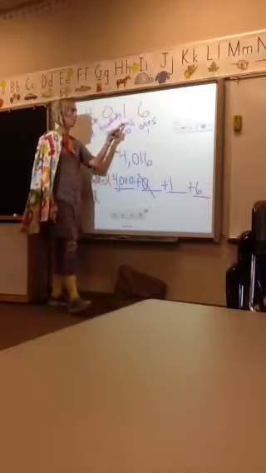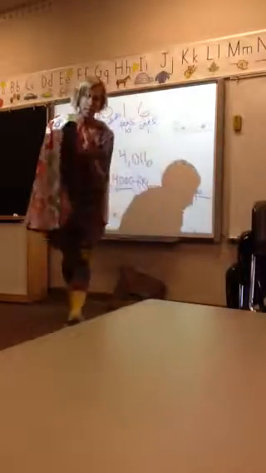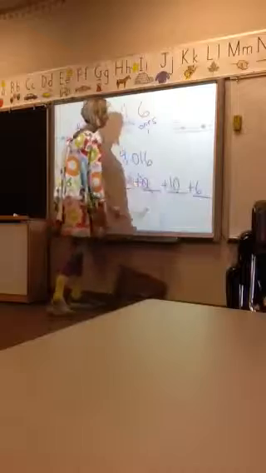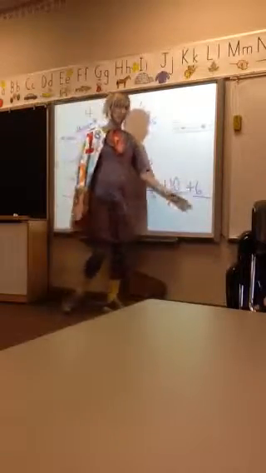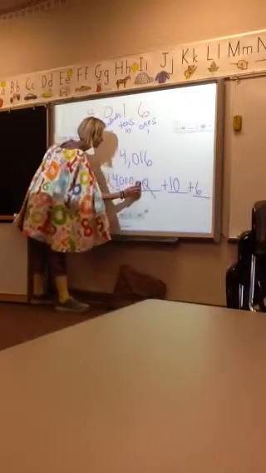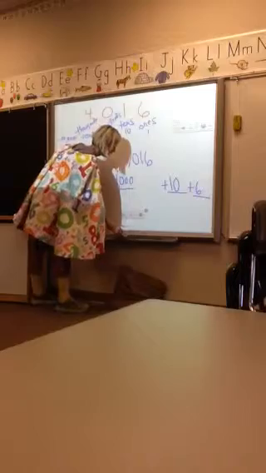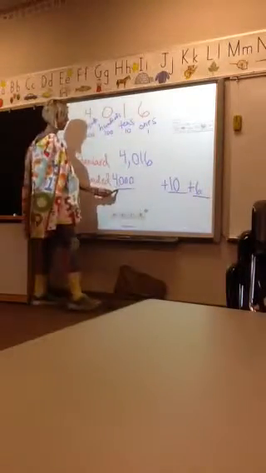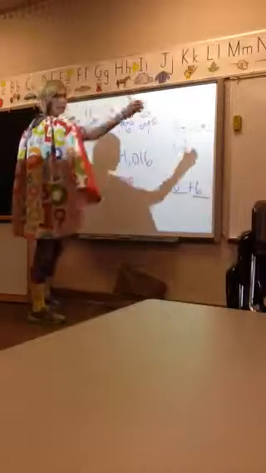Well, it's worth 1 ten. So if I have 1 ten, that's just 10. And then 6 ones. If I have 6 one-dollar bills, that's just $6. So I'm going to go ahead and erase this part right here. And so my expanded form would be 4,000 plus 10 plus 6. I took that and I expanded it out.